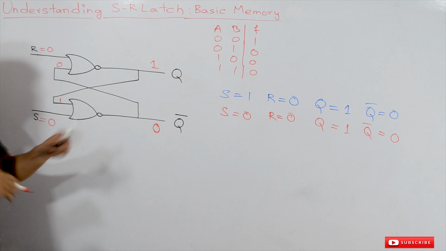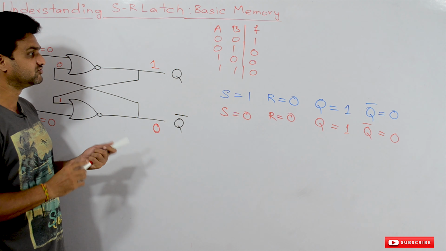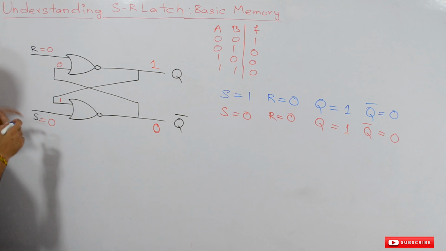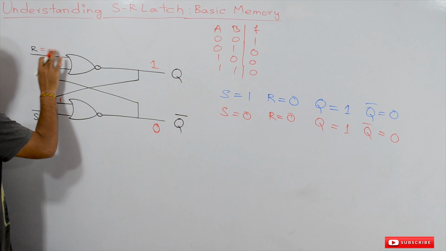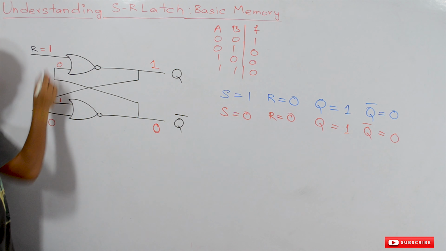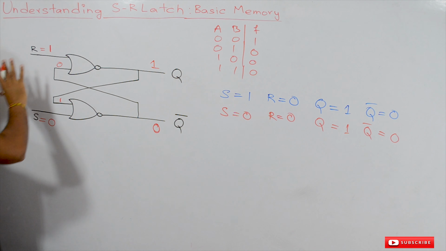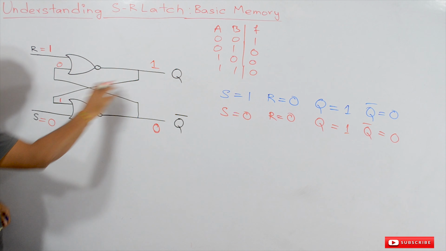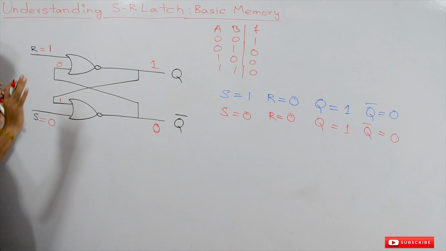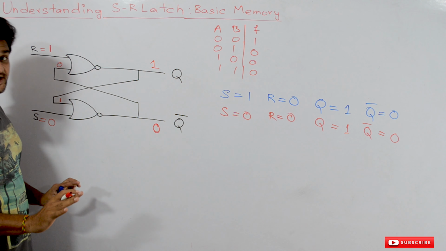Now we will again try to change the value, to R is equal to 1 and S is equal to 0. Previously we had the values at Q and Q bar as 1 and 0. Now they are provided as feedback and the values of the inputs have been changed.